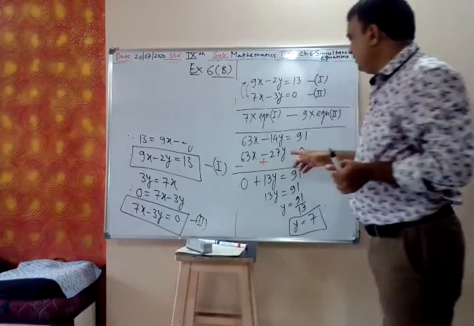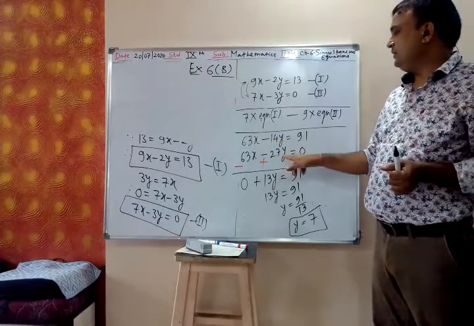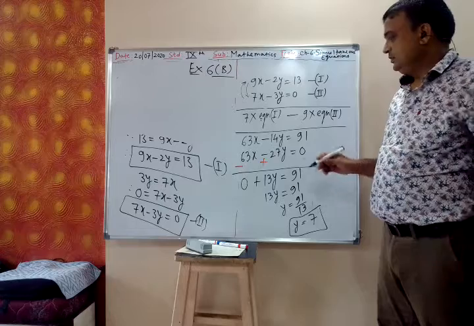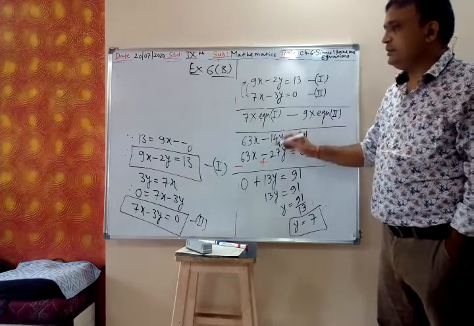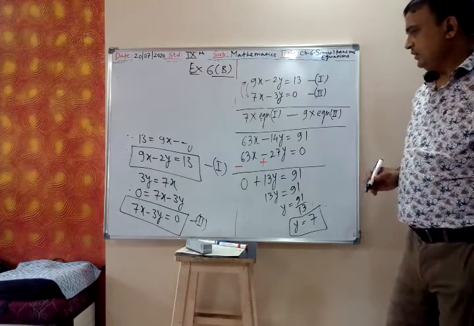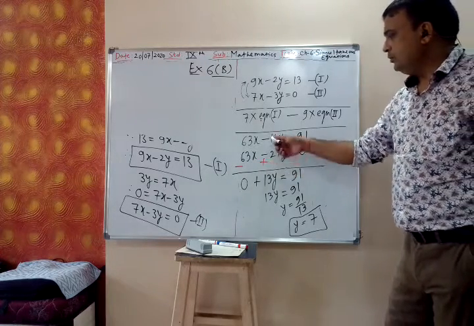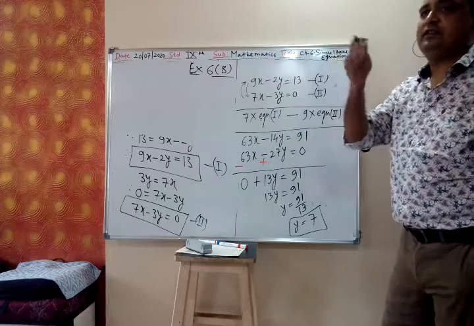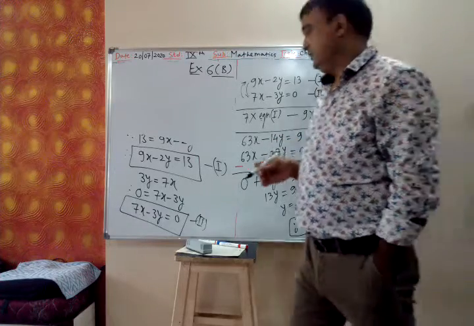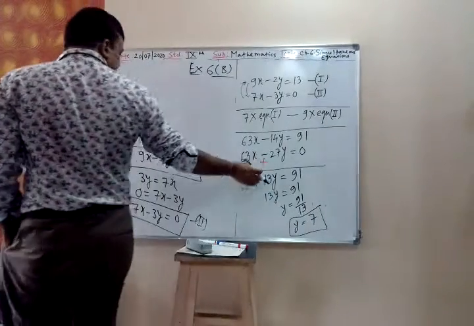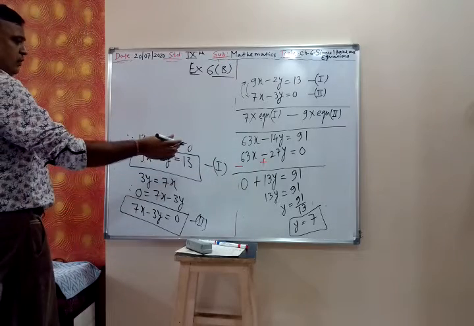y cannot cancel because it is minus 14y and 27y. So you have to add and subtract the coefficient, not the variable. So y is 7.